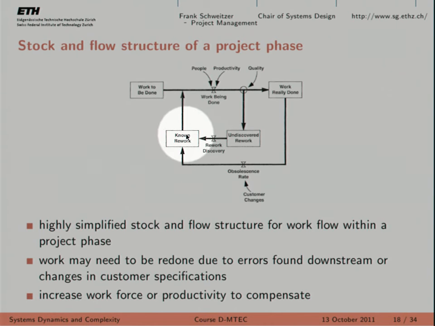So this is work which does not conform to quality standards, and you know how to fix it, right? This is work which does not conform, you don't know how to fix it. And then again, the known rework goes back to the process of work being done. So it's kind of another inflow that goes to the quality check later on, right? This is clear. So you see the feedback loop. This is the feedback loop, the quality feedback loop that we talked about here.